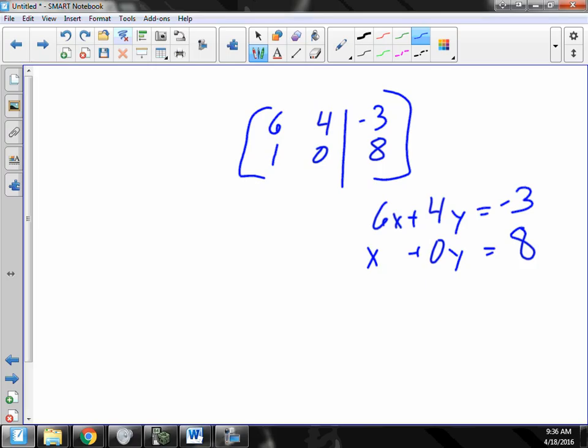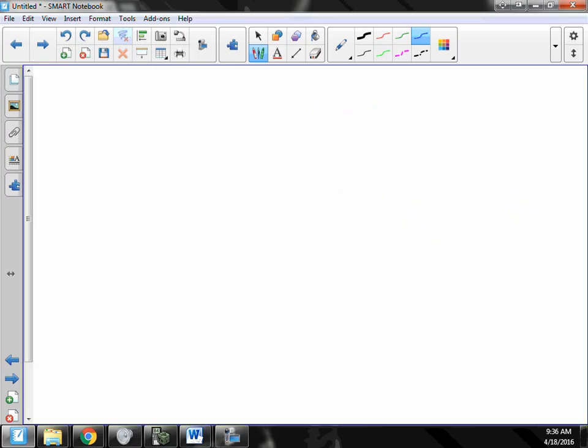Okay. Now we're going to move on to something called row echelon form. Row echelon, how do you spell that? E-C-H. No S. There we go. That's a lot better. Row echelon form just means the top row starts with the number 1. The second row has a 1 in the second place and zeros before it.